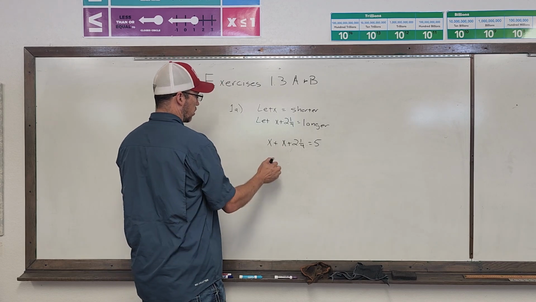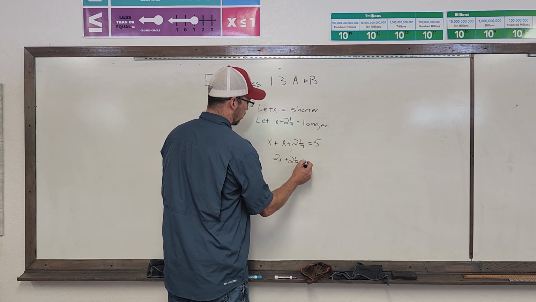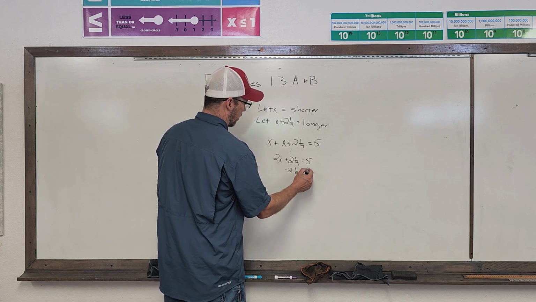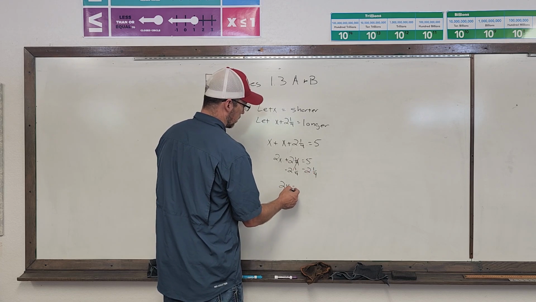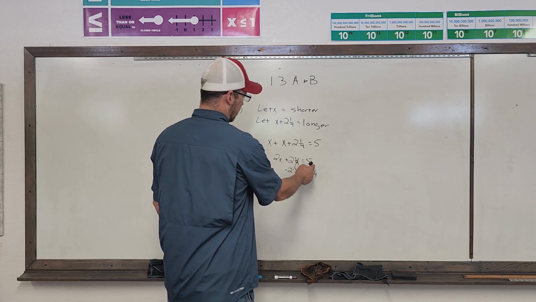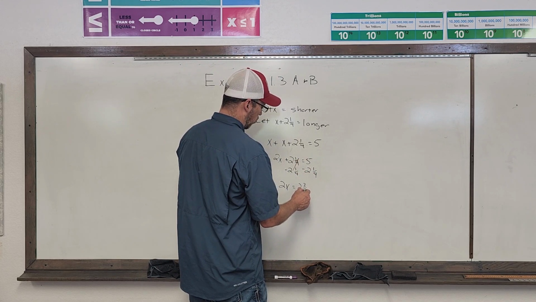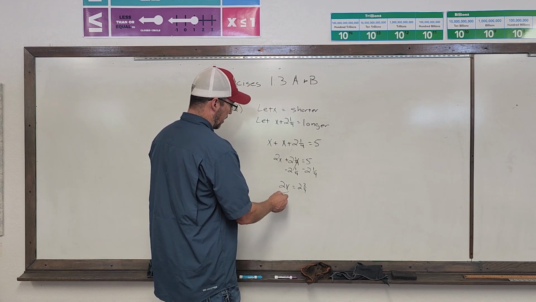So we're going to combine all like terms and get 2x plus 2 1/4 equals 5. I'm going to start isolating my variable by moving everything else to the other side. So we get 2x equals, that would be 5 minus 2 is 3, minus another quarter is 2 3/4. And then I'm going to divide by 2.